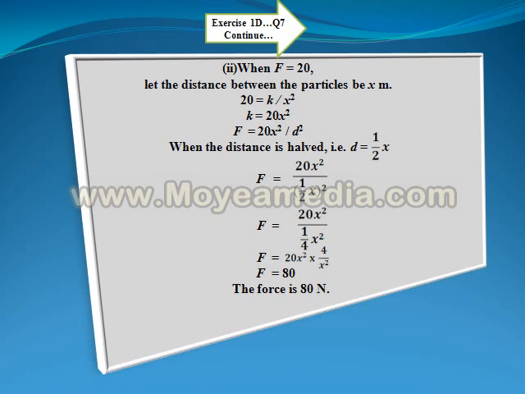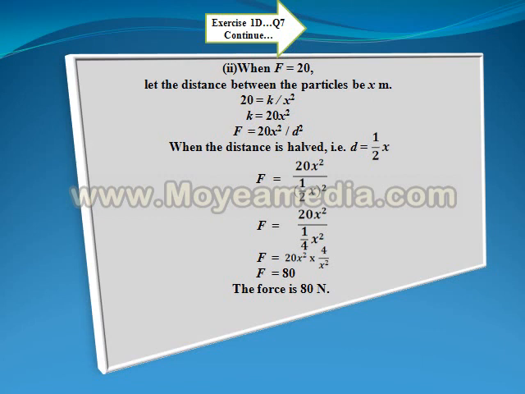So when I change the main big division line into multiplication, this 1 over 4x square will become upside down. 4 goes up and x square goes down. So x square will be cancelled. 4 multiplied by 20, it will give you 80. So F is equal to 80.